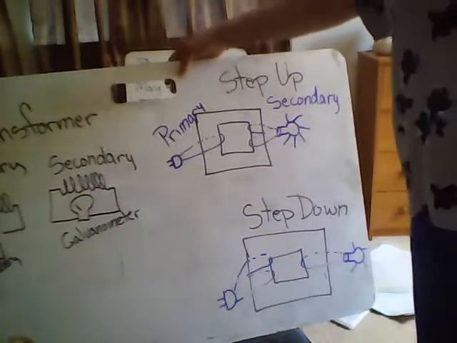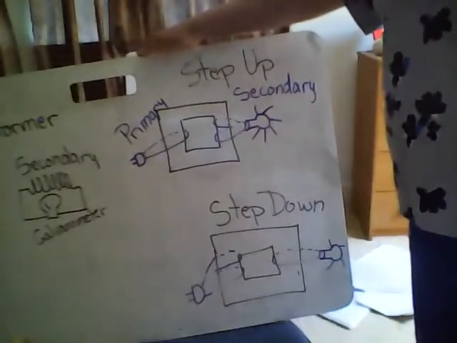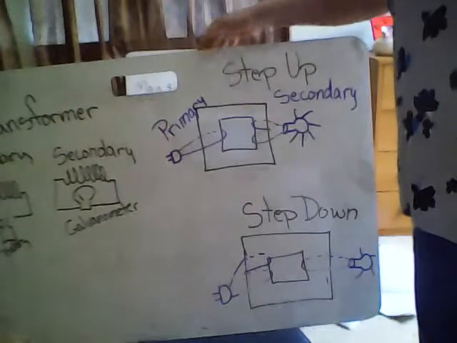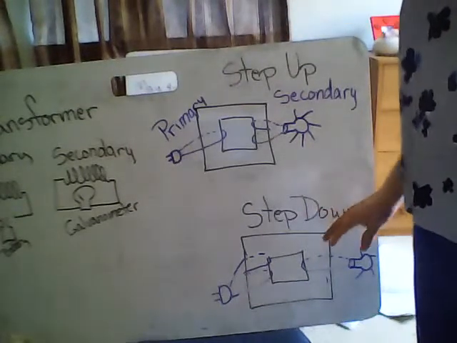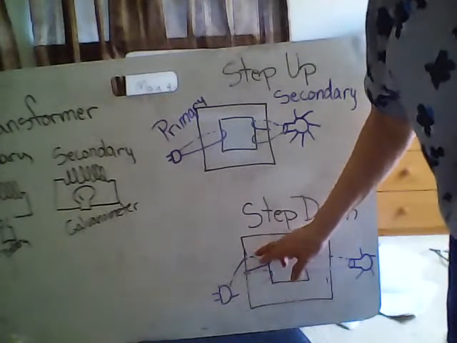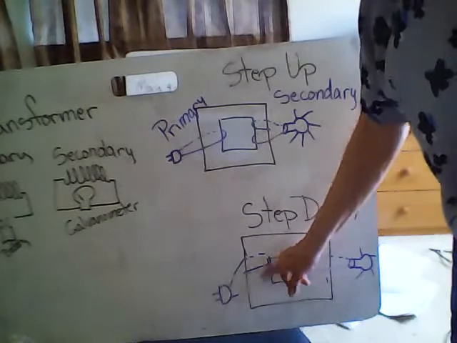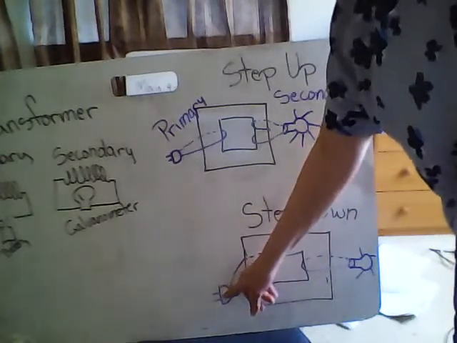Now, there's also the ability to do a step-down transformer. So that means that we're starting with 2 coils of wire, or 2 turns of the wire from our voltage source.